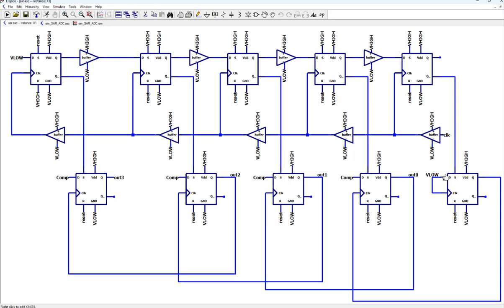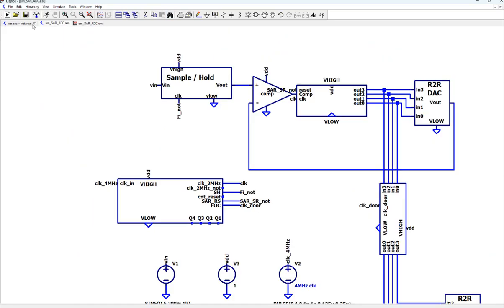Yeah, okay. And so this code over here is the output 3210, right? This output, which is here, is auto control. There are no latches between that and the comparator. So that one will be directly converted to analog voltage by the DAC and fed back to the inverting terminal of the comparator.